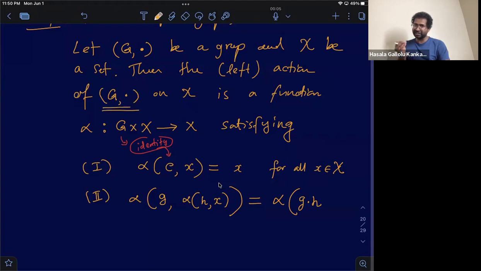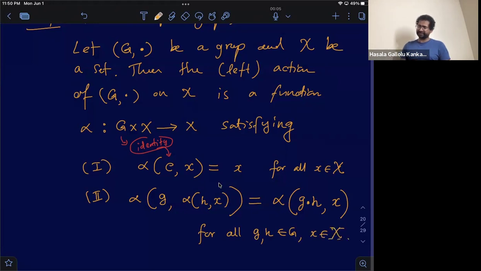So when you consider G as the group that has a group operation, and that operation is going to be this, and this should be valid for all G, H in group G and X in space X that we consider here. I should make that capital X a little fancy.